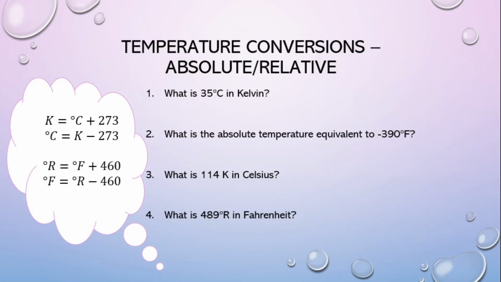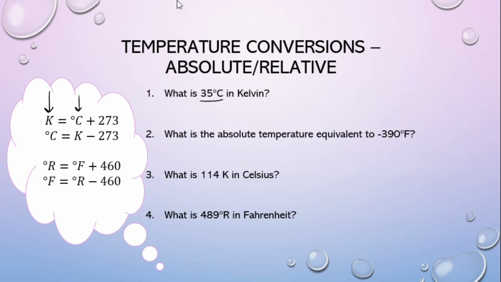The formulas to convert between relative and absolute temperature scales are pretty straightforward, as long as you're not going across systems like metric to imperial and back. So here we go. We've got 4 formulas and 4 questions that correspond. If I want to find a temperature, 35 degrees Celsius in Kelvin, I'm looking for a formula that is solving for Kelvin and can have a given value of Celsius.